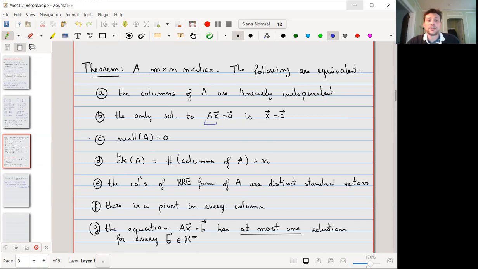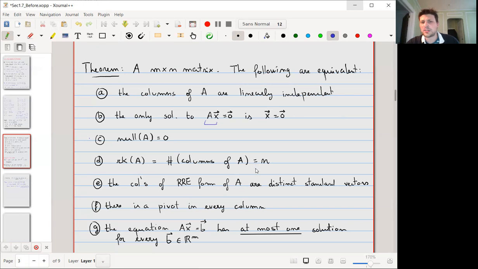However, having the rank equal to the number of columns means that there are that many distinct pivot columns, and every one of them has to have its entry in a different position. So the columns of our matrix A in the reduced row echelon form need to be all distinct standard vectors for the rank of A to be equal to n.